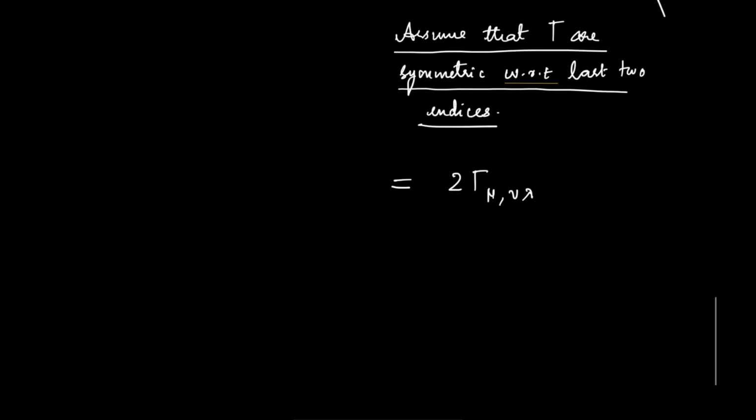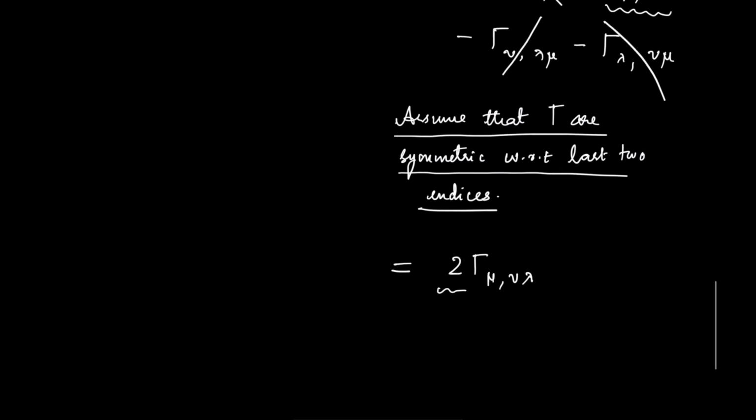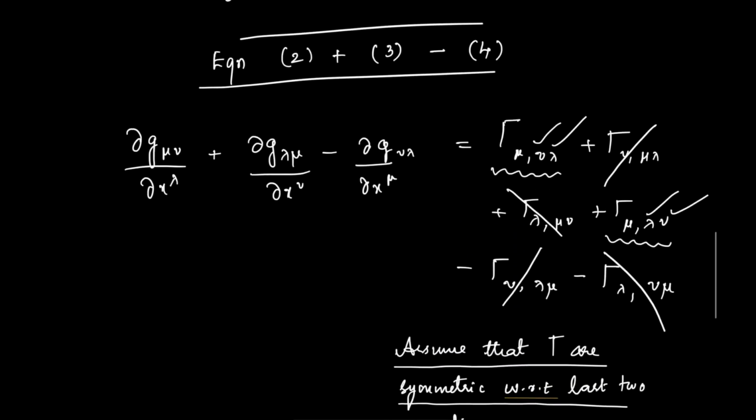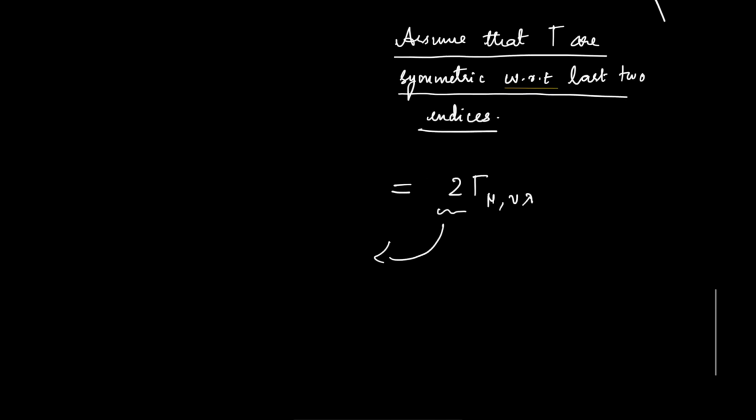So now I can take this 2 to the other side, so it will become 1 by 2. Here I can divide this entire thing by 2.